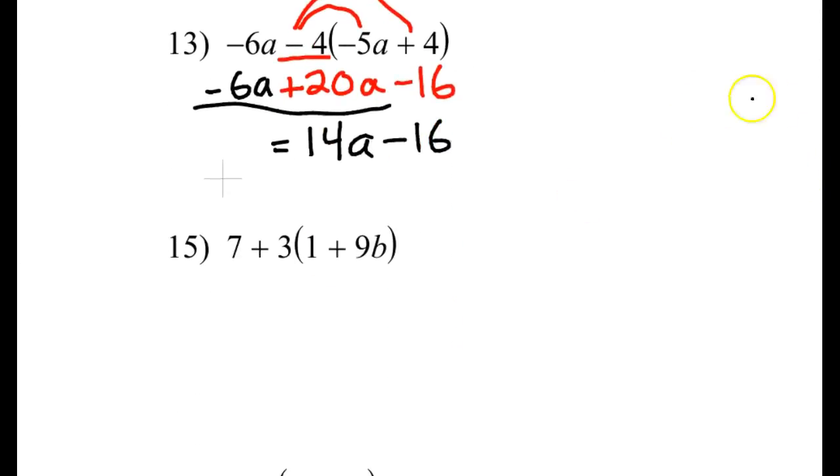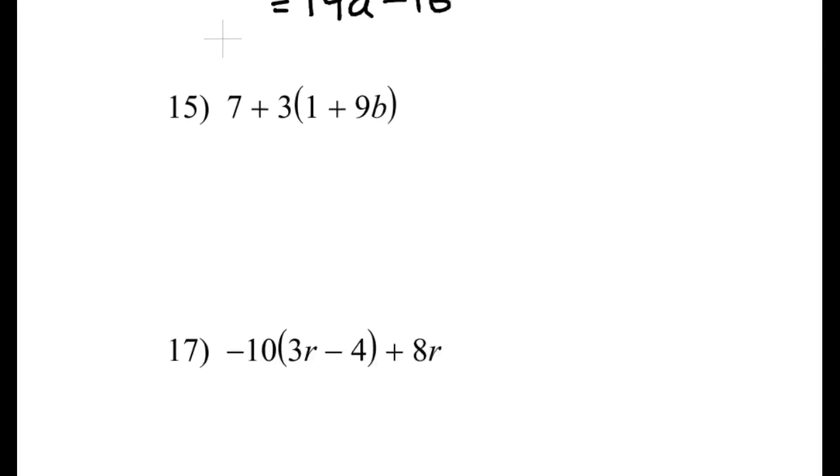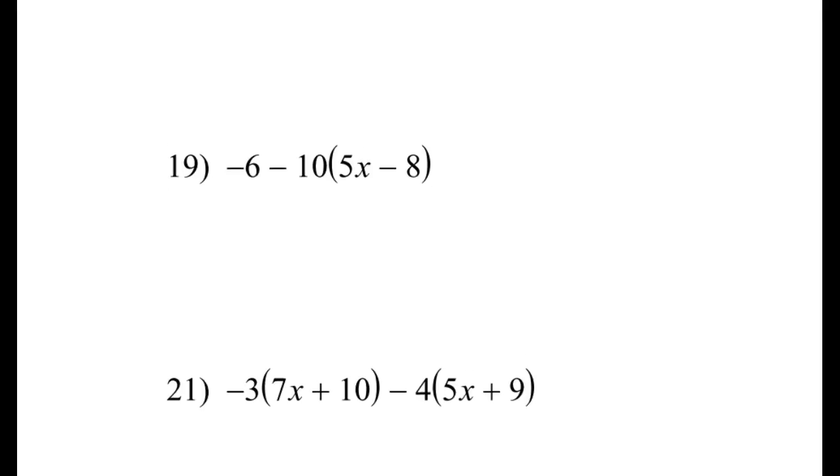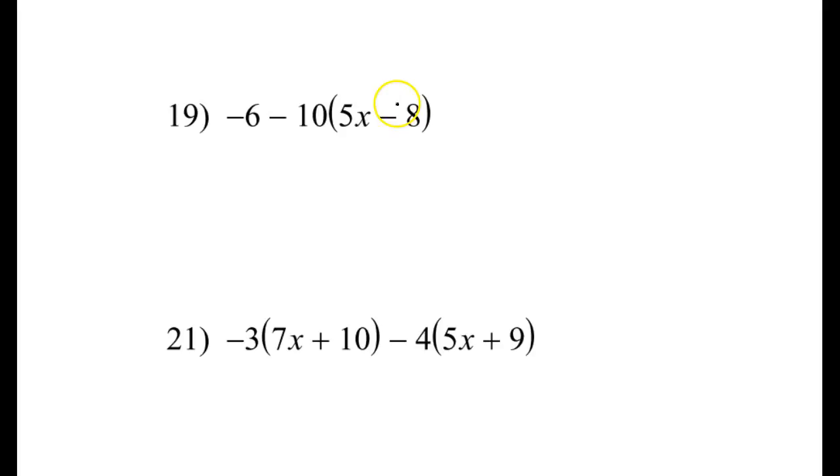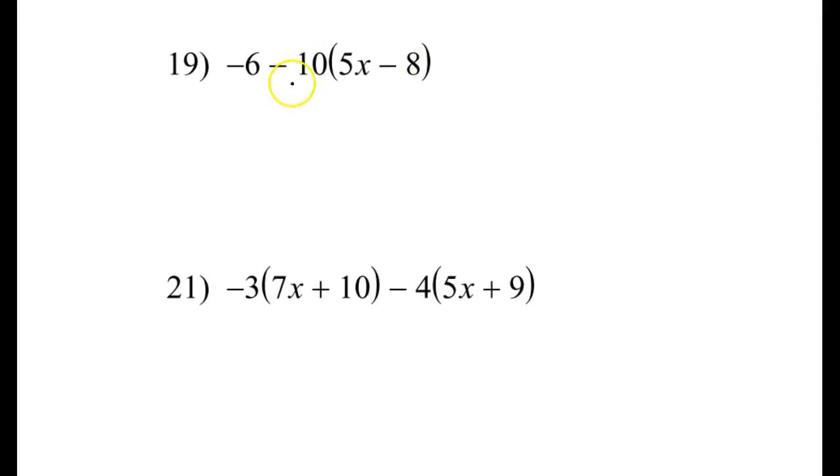Okay. Just a few more down here. On number 19, what number is in front of the parentheses? -10. Not 10, but -10. So we got -10 times 50, times 5, -50. And -10 times -8, positive.